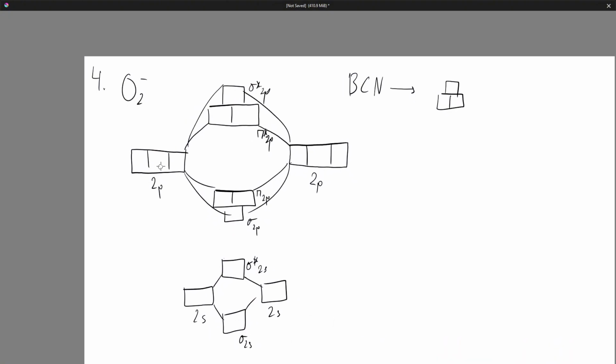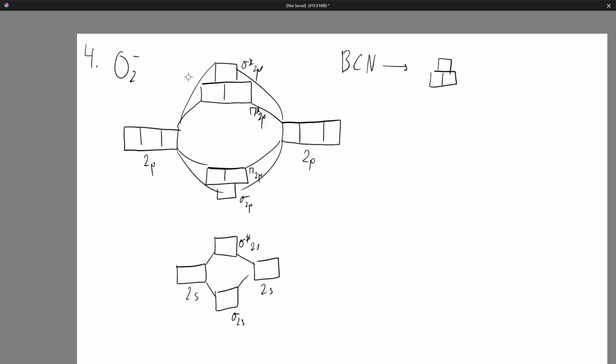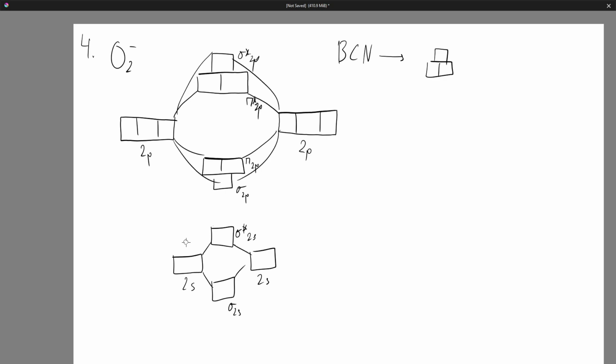Okay, so now we want to fill in these side boxes right here with electrons. Oxygen has 6 valence electrons. There's 2 of them, so it's 12. Plus the negative charge makes 13. So we want to split those up as evenly as we can between these 2 sides. You start on the bottom one first.